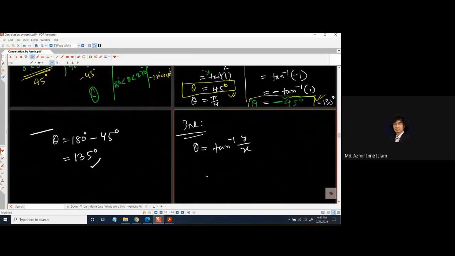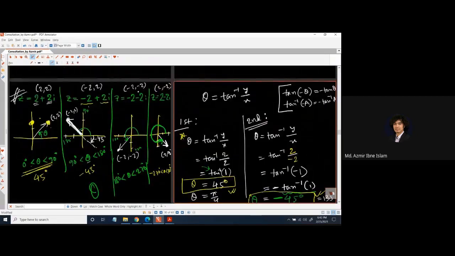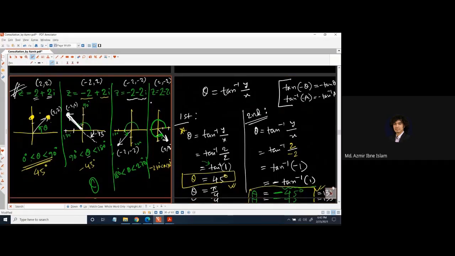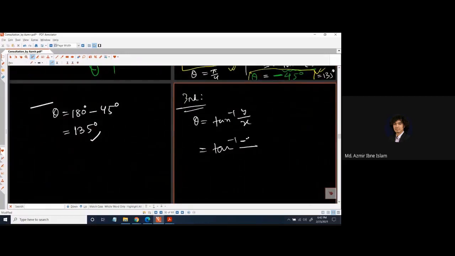So tan inverse of y. What is the value of y this time? -2. And x is -2. So let's plug in -2 and -2. That means we have tan inverse of positive 1.